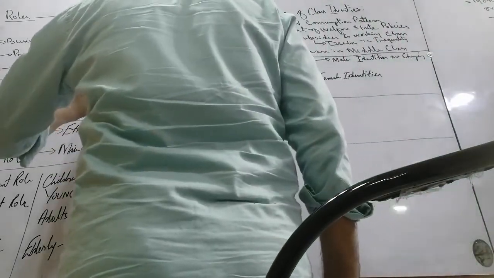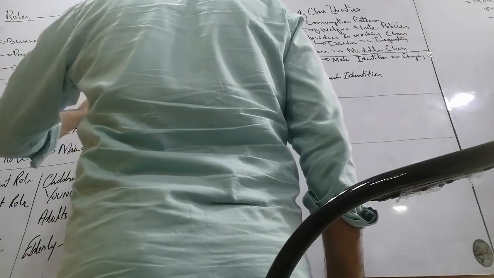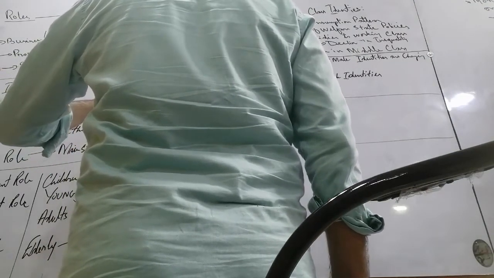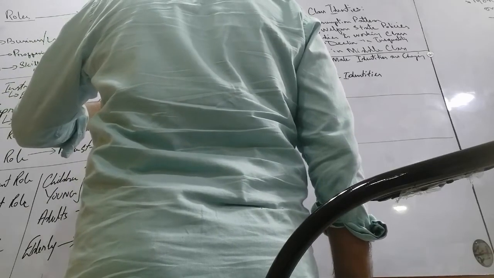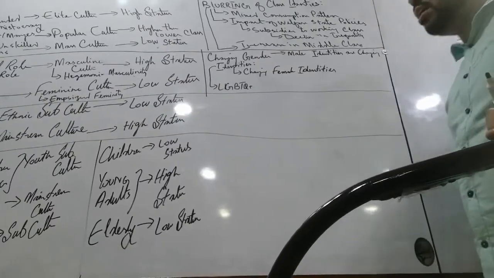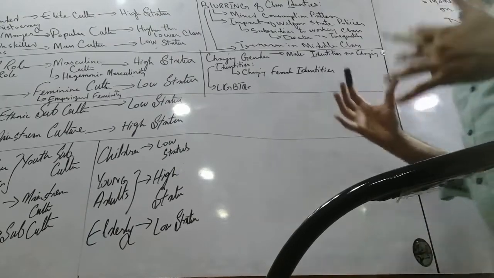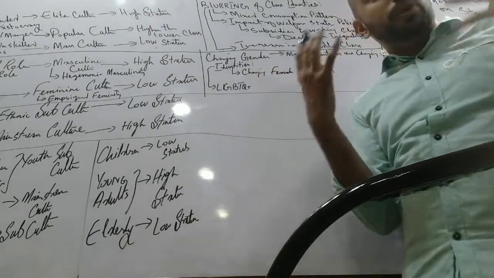And the feminine culture is linked with emphasized femininity. Okay, so if we talk about changing male identities, initially in modern societies, male identities were based on hegemony, control and superiority.